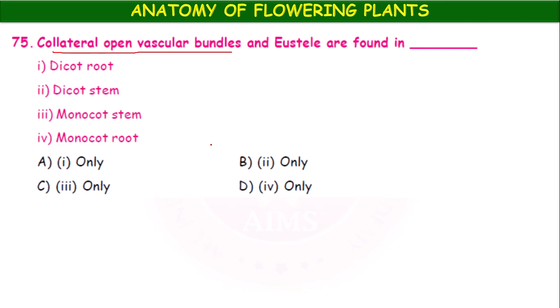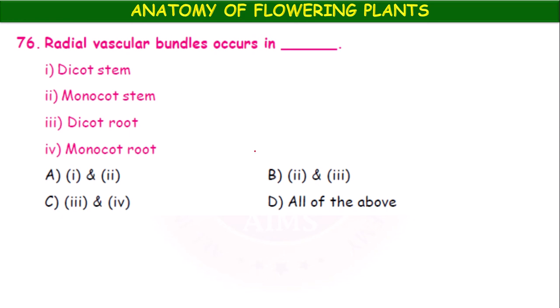Open means the presence of cambium. So, dicot stem. So, B. Next, radial vascular bundles occur in dicot stem, dicot root, monocot root. In roots it is present, so 3 and 4. So, option C.